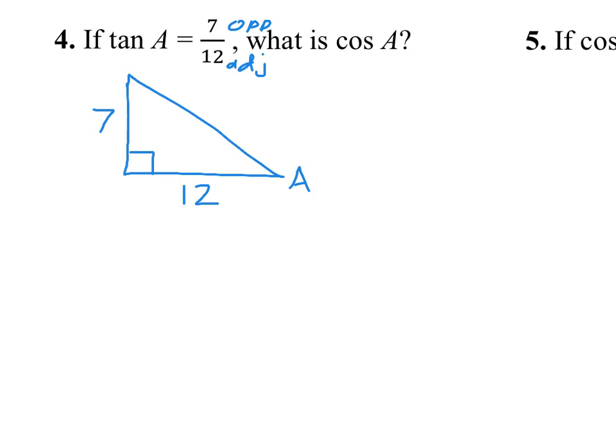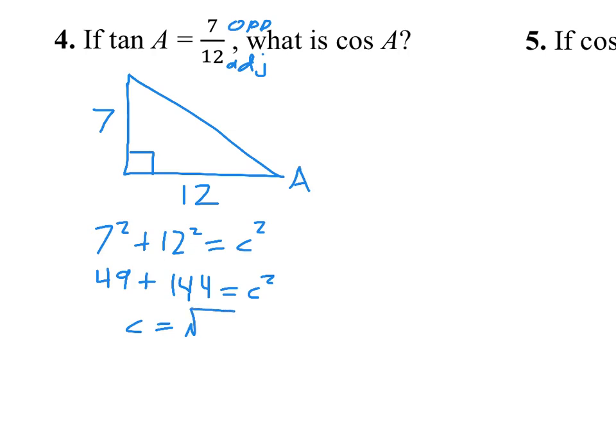Since this is not a Pythagorean triple, do the Pythagorean theorem to find the hypotenuse. So 7 squared plus 12 squared equals, we'll just call it c squared. This is 49 plus 144. So it looks like c has to be radical 193.